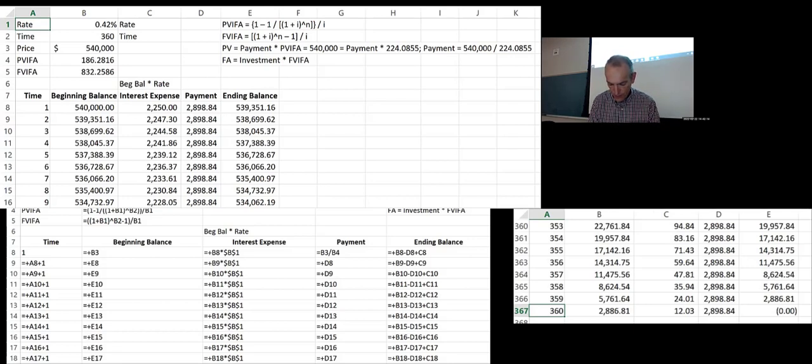That's going to equal our loan payment times 224.0855. So that means our payment is going to equal 540,000 divided by 224.0855. So we're trying to figure out that payment. You take how much the house costs, divide by that factor, and that tells you what your monthly payment is going to be.